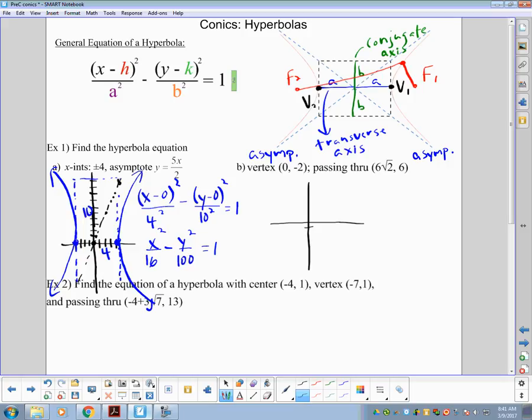We have a vertex at (0, -2). That tells me that it opens up and down. If I have a vertex at (0, -2), I also have a vertex at (0, 2). And I have a box that has a couple of sides at least looking like that.